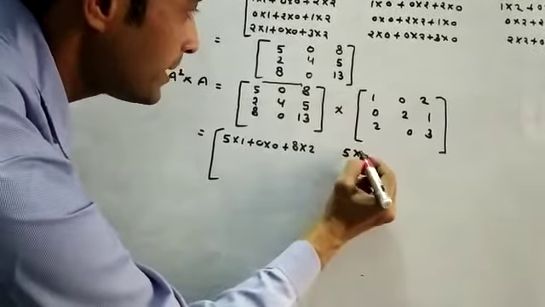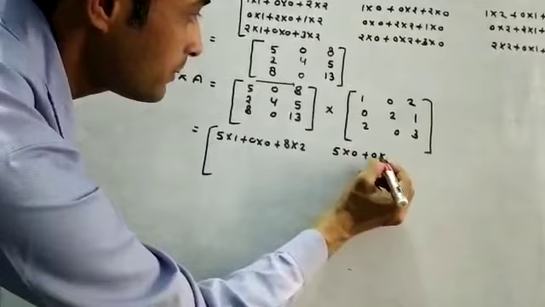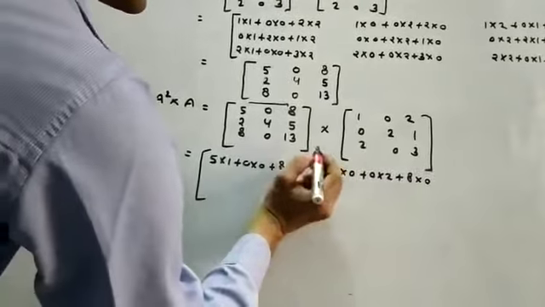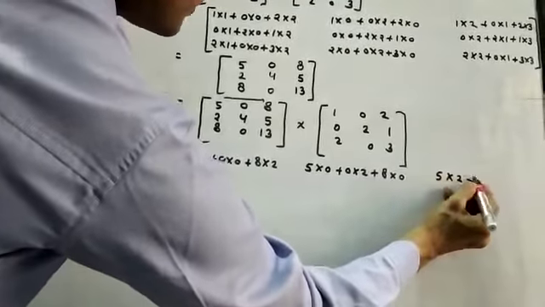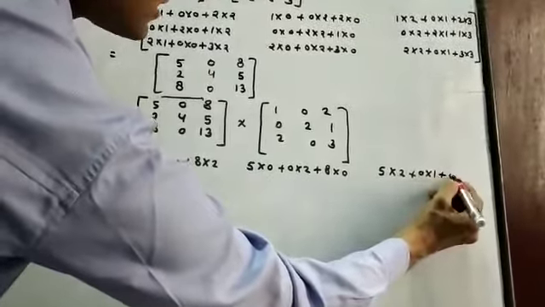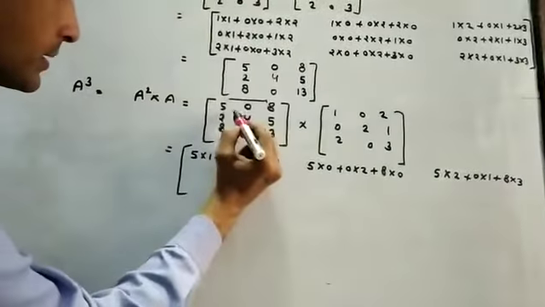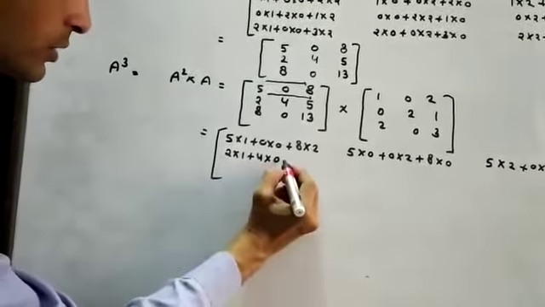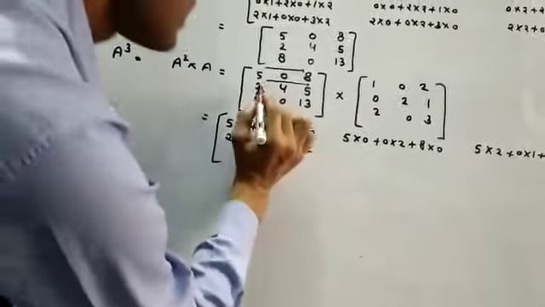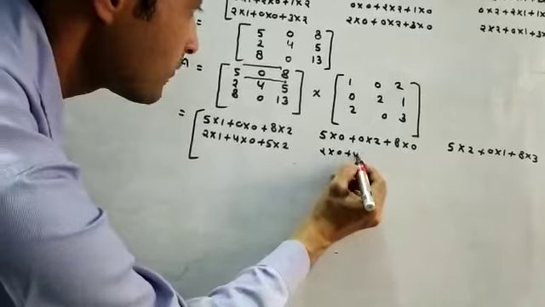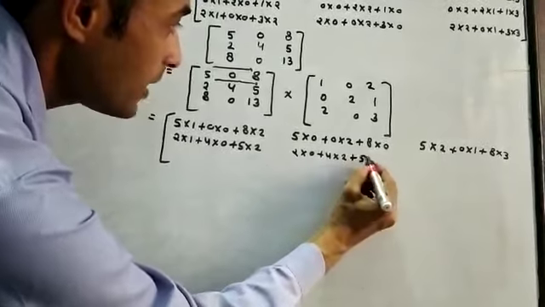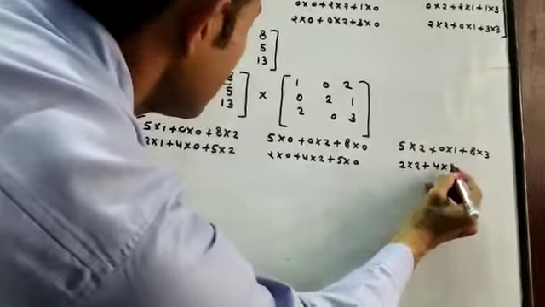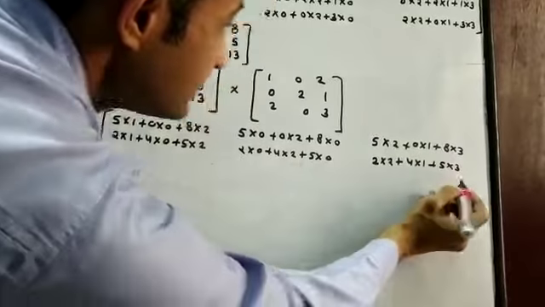After it 5 multiply 0 plus 0 multiply 2 plus 8 multiply 0. Next 5 multiply 2 plus 0 multiply 1 plus 8 multiply 3. Next 2 multiply 1 plus 4 multiply 0 plus 5 multiply 2. 2 multiply 0 plus 4 multiply 2 plus 5 multiply 0. 2 multiply 2 plus 4 multiply 1 plus 5 multiply 3.